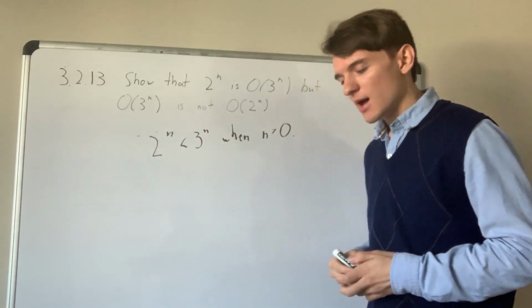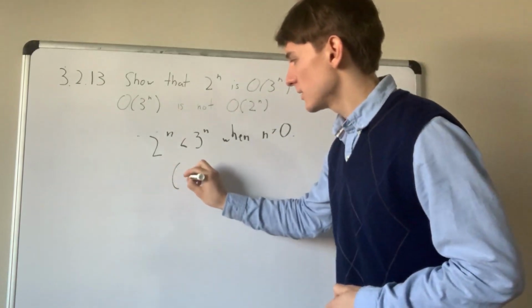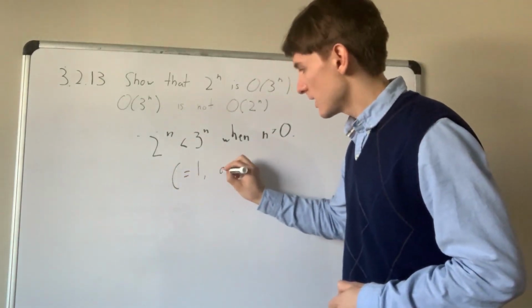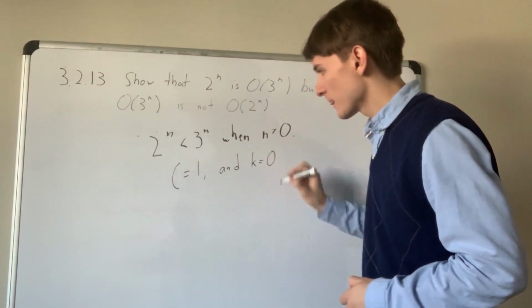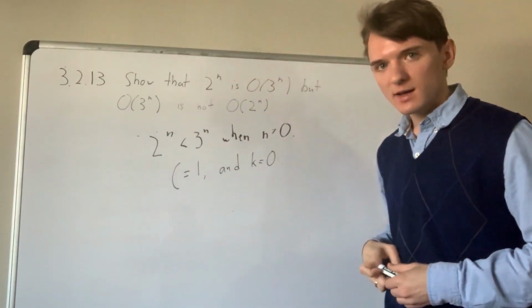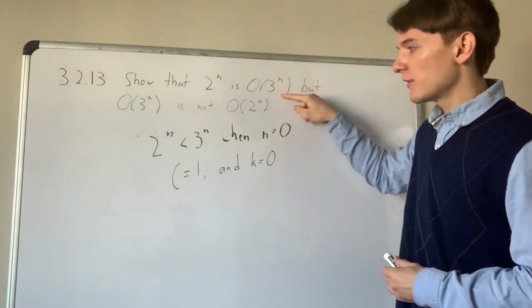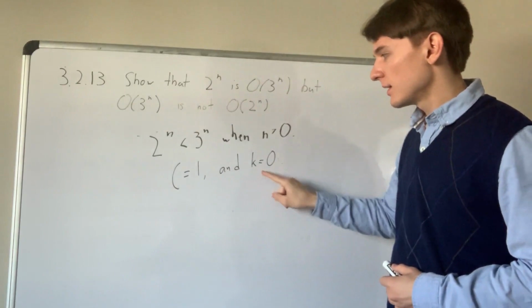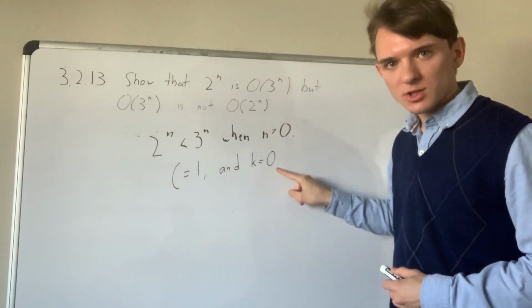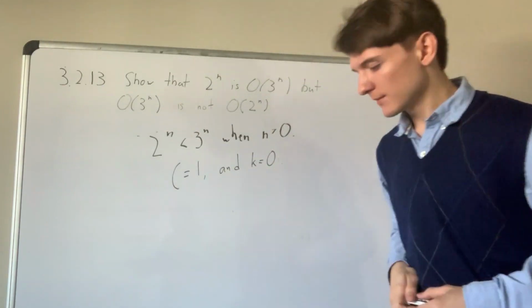So we say that our witnesses are c equal to 1 and k equal to 0, because 1 times 3 to the power of n will always be greater than 2 to the power of n, regardless of how large our input data is.